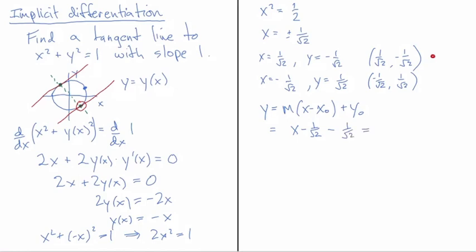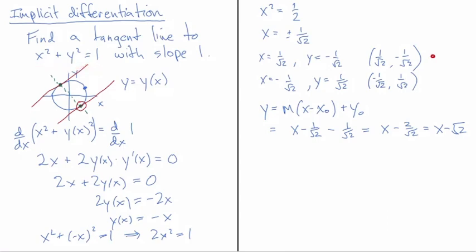So this is going to be x minus 2 over root 2, which we could just simplify. 2 is square root 2 squared. So there's 2 root 2's on top and 1 root 2 on the bottom. So we can simplify that as x minus root 2. Okay, so there is one tangent line that has a slope of 1 and it's tangent to the circle x squared plus y squared equal 1.